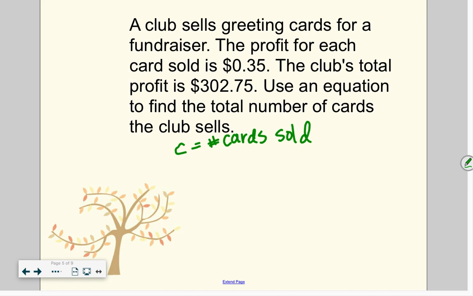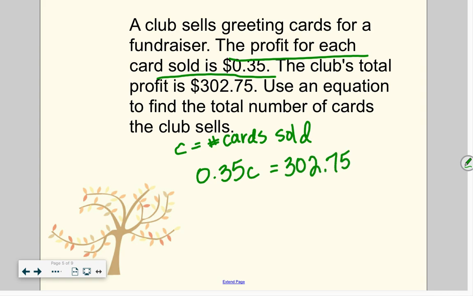Now, do you remember what I just said? The profit for each card sold is 35 cents. When you hear the word each, every, or per, what does that mean to do? Multiply. 35 cents for each card. So it's 35 cents per card, 35 cents C. How much money did they make? $302.75 goes on the other side then.